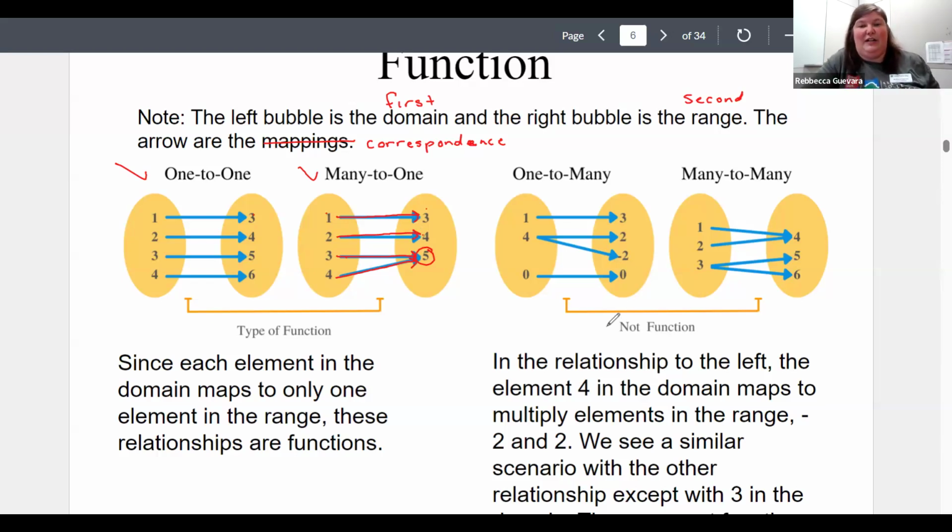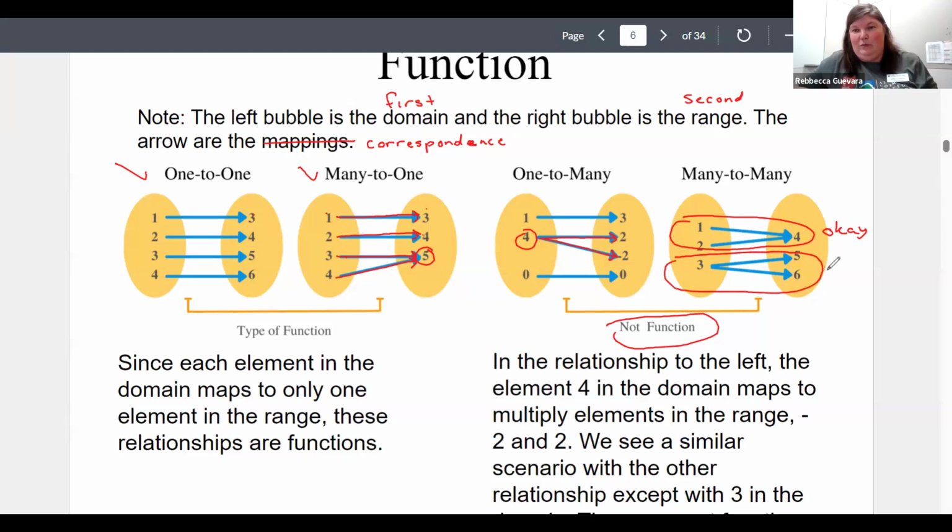This is when it is not fine. This is when you get things that are not functions. So we have a one-to-many. This 4 here is causing me trouble because that 4 is going to 2 numbers in the range. So 1 number in the domain is going to 2 in the range. That is not okay. Same thing here. This is okay, I can have 2 numbers go to the same number.